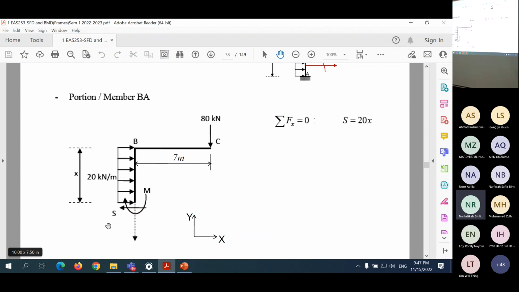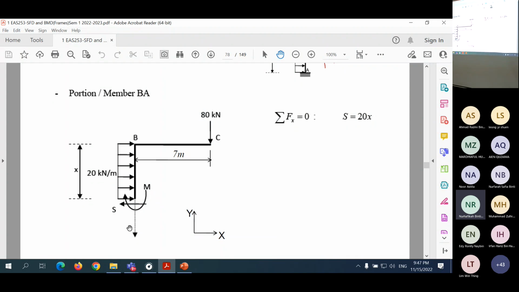Then the shear now is in x direction. So you use your equilibrium equation in x. If you do that, then you get S is equal to 20 multiplied with x here. This is x.